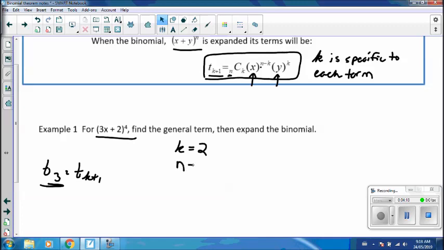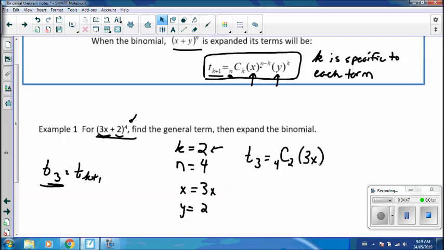N, in this case, is 4. X is actually 3x, and y is positive 2. So let's actually just try finding term 3. So term 3 would be n, which is 4, choose k, which is 1 less than the term, so 2, times x, which is actually 3x, and we want to use brackets here, to the power n minus k.